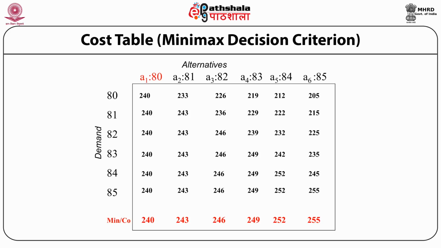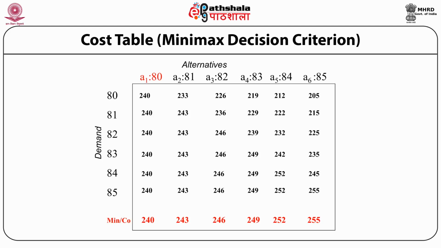So in this table, we can see that we are given the costs for different alternatives in view of the different possible outcomes. Here, please keep in mind that you are given the costs of different alternatives in view of the different outcomes. These are not the payoffs.